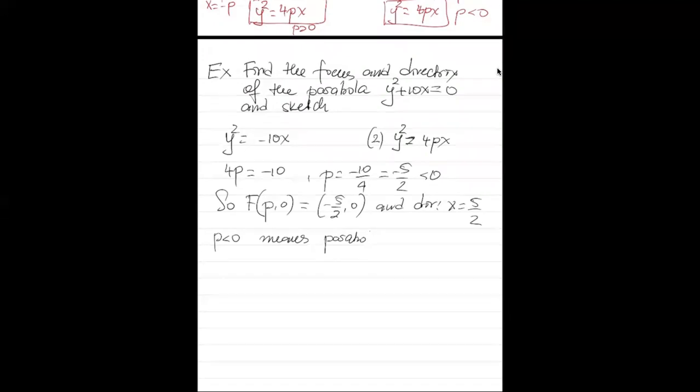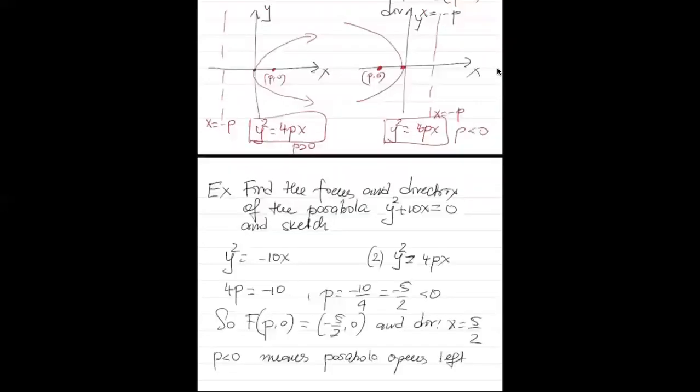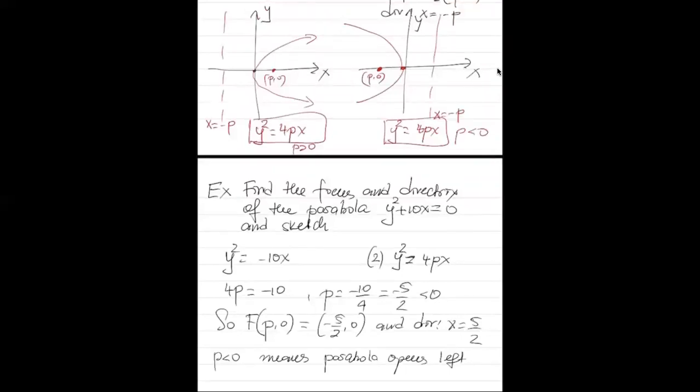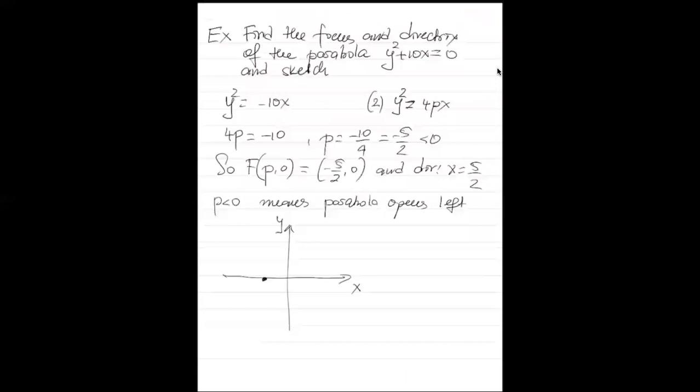So to sketch it, we sketch the focus, (-5/2, 0), and the parabola opens to the left. Not easy to graph this. Okay, here you go. And the directrix, a vertical line with equation x = 5/2. So this is at the origin, 0.